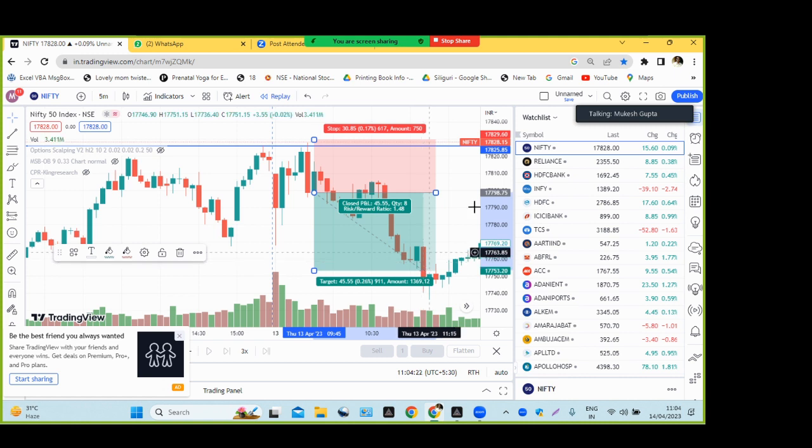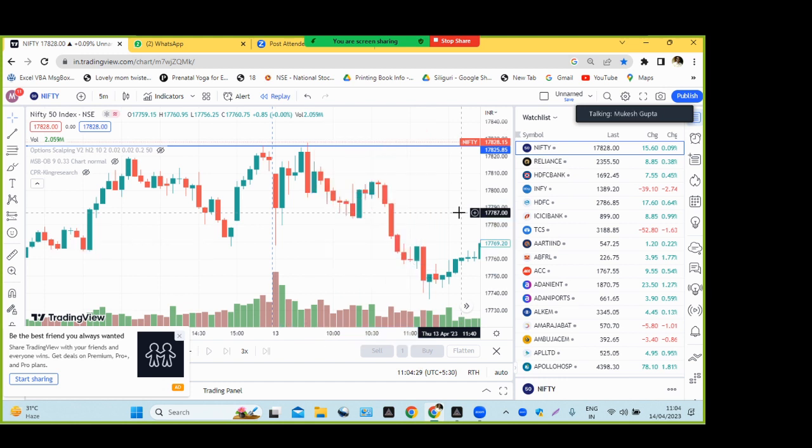See, the concept is the same. For this single trade, we have to wait for at least 5-6 candles, correct?